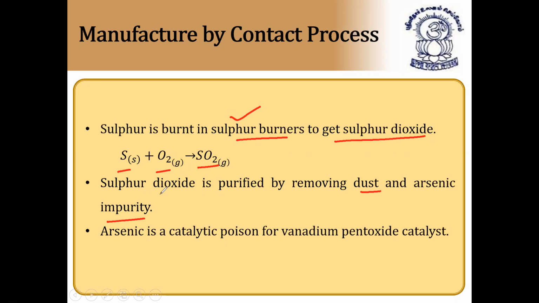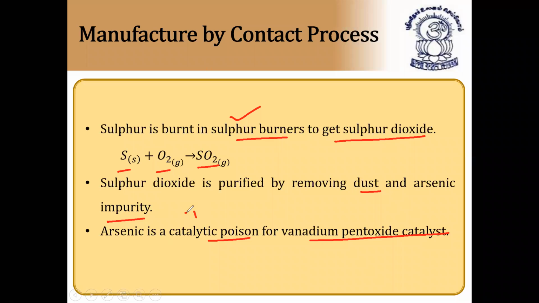Arsenic is a catalytic poison for the vanadium pentoxide catalyst. It deactivates the vanadium pentoxide catalyst, that's why arsenic is a catalytic poison, a negative catalyst. Catalytic poison is what we call an inhibitor. In the previous chapter, we have seen what an inhibitor is.